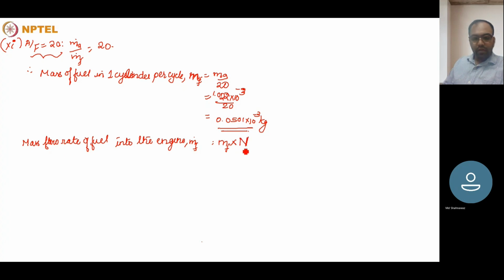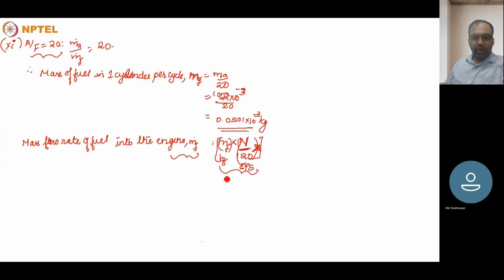For a four-stroke engine, the cycles per second is the revolutions per second divided by 2. This is kilogram per cycle, this is cycle per second, and this quantity is per cylinder. We need to multiply it by the number of cylinders.